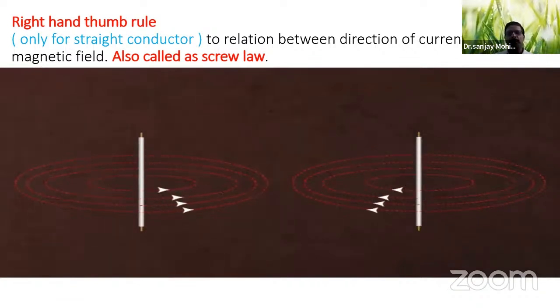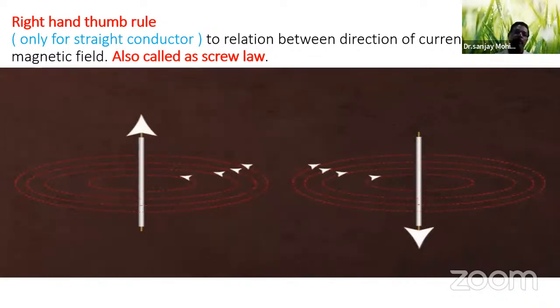In both these diagrams, you can see the direction of the magnetic field is completely opposite to each other. One is clockwise and the other is anti-clockwise. Then we can determine the direction of the current. And this is what we call the right hand thumb rule, which is called screw law, Maxwell screw law or Maxwell cork law.